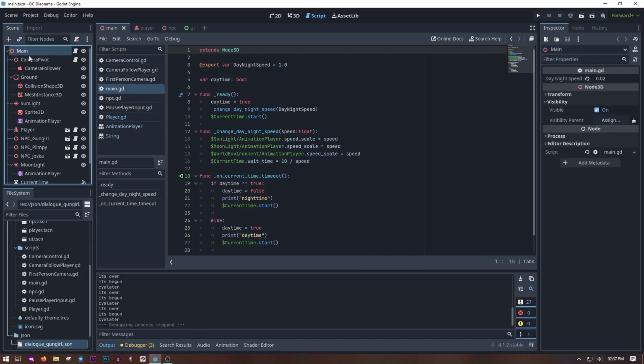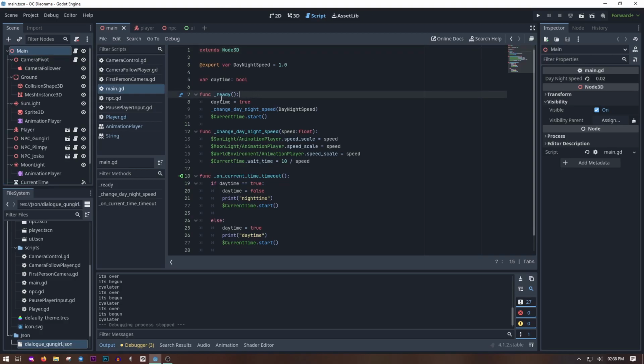This is the main. We've got nodes. GDScript in Godot is made to be a little easier to comprehend, but certain things are just hard no matter what. The syntax is very loose compared to C++ or whatever.